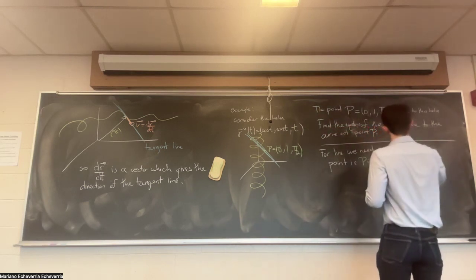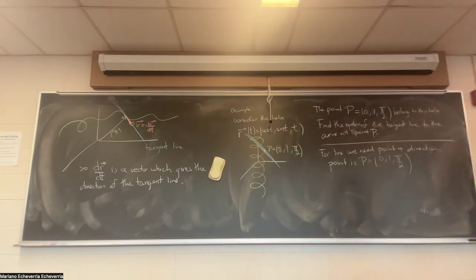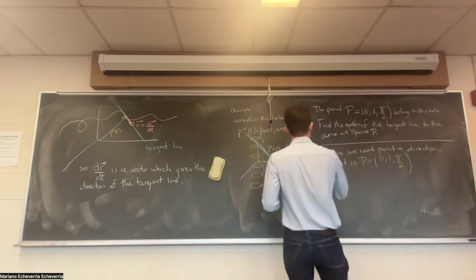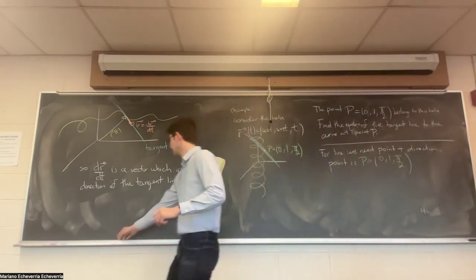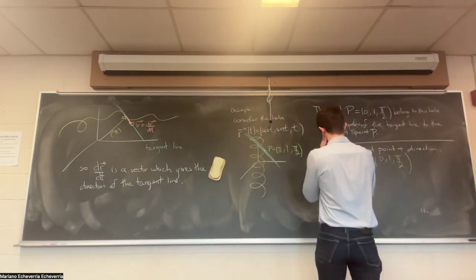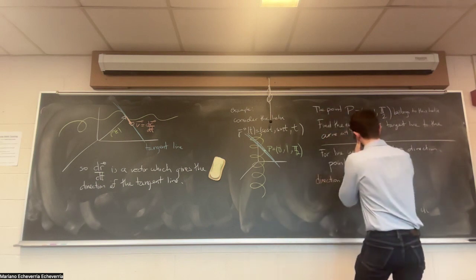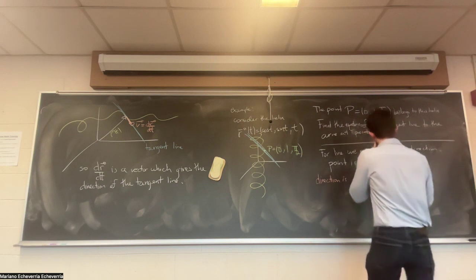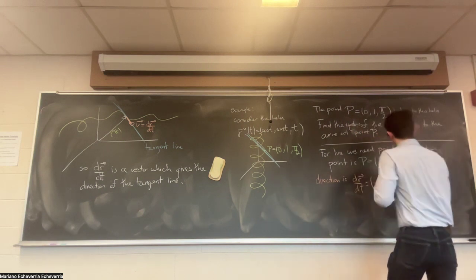And then the direction. What is the direction? The direction is r'(t). What is r'(t) in this problem? That's minus sine of t, cosine of t, comma 1.